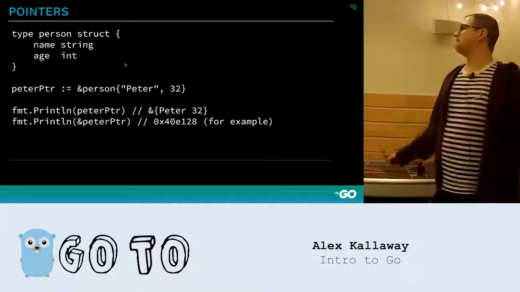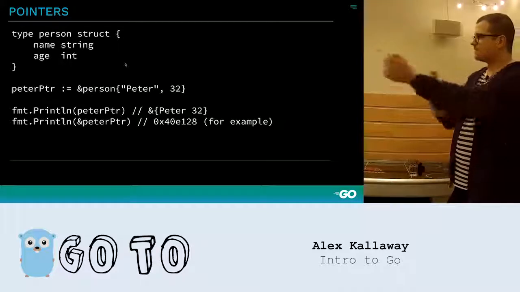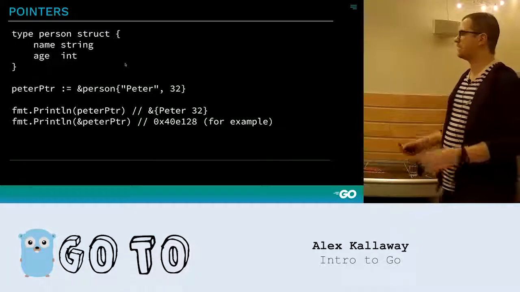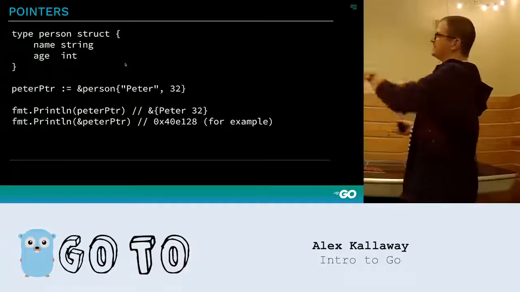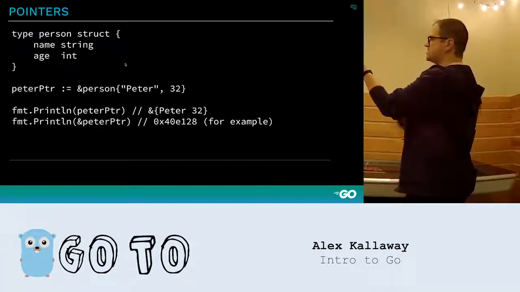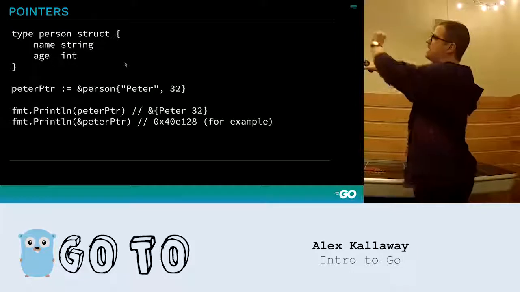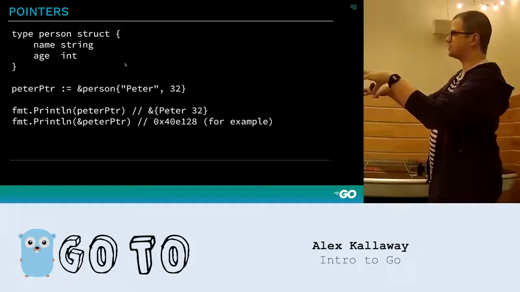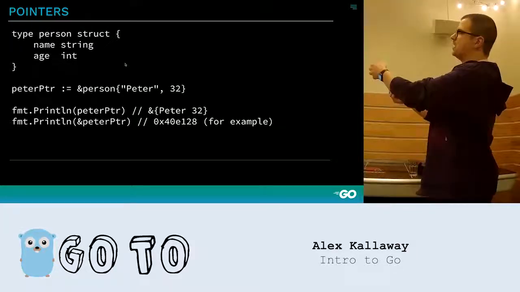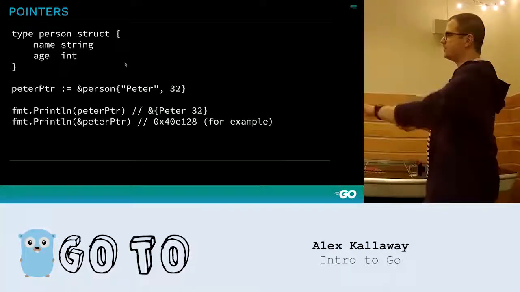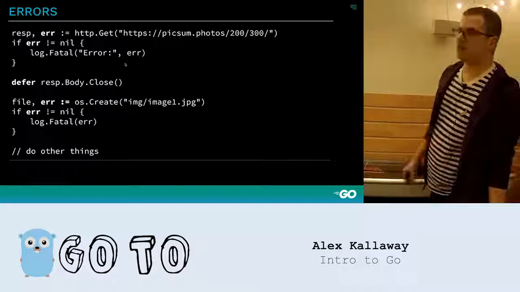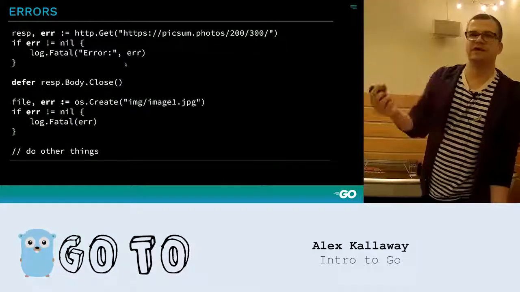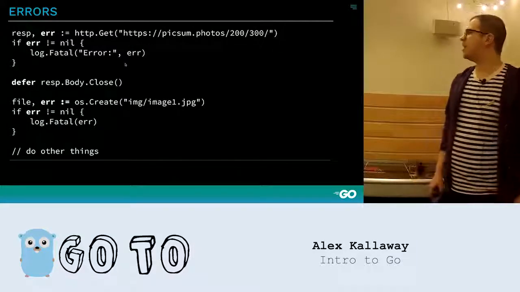So we can just create more of those structs, or an instance of it, like we're doing with a Peter pointer, and we're getting an address of that value. So we create it on the fly, we get the address, and it's stored. So when we print it out, we get the value there, but if we print out the address, there it is, basically.